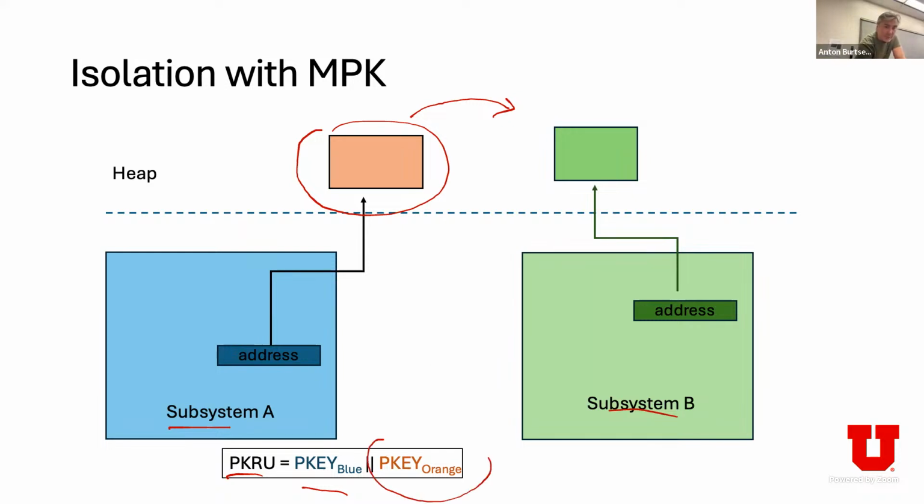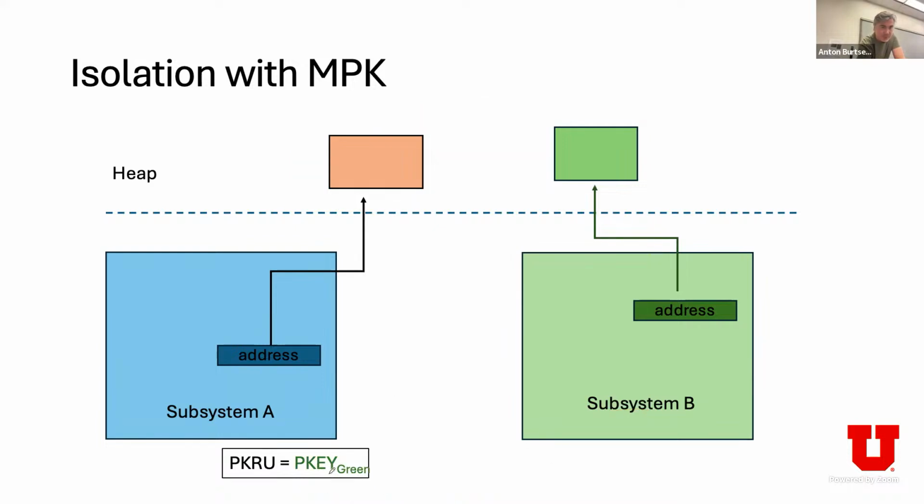You will designate an individual key to that region. Inside green, your key will be just green for now, because green doesn't have access to the orangish region of memory.